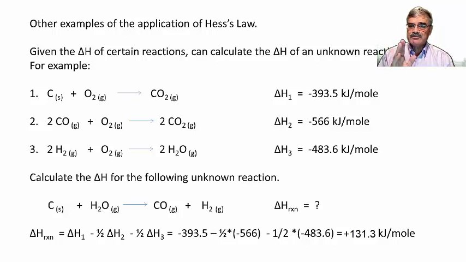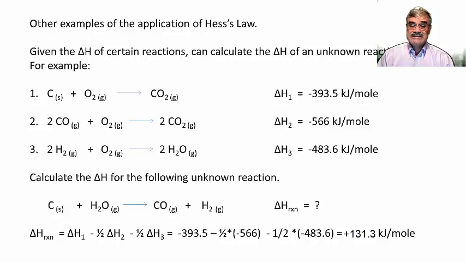It's the enthalpy change for reaction 1 minus 1/2 the enthalpy change for reaction 2 and minus 1/2 the enthalpy change for reaction 3. We put all that into our calculator and we can calculate the enthalpy change for this unknown reaction, and it turns out to be minus 918.3 kilojoules, a very healthy exothermic reaction. It would really feel hot if we're trying to hold the system as a test tube in our hand.